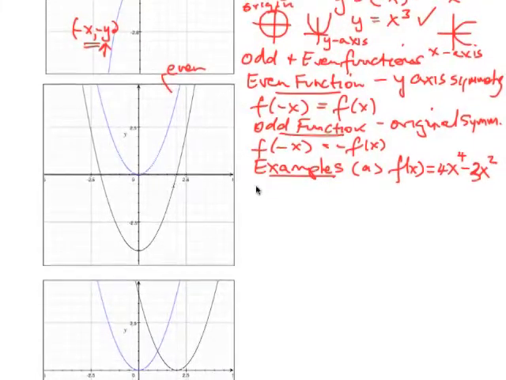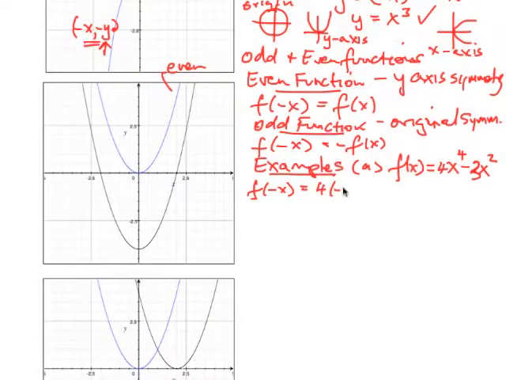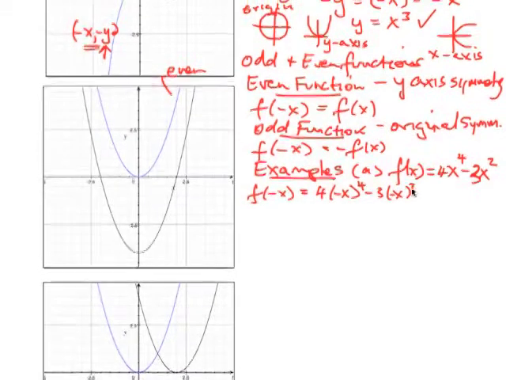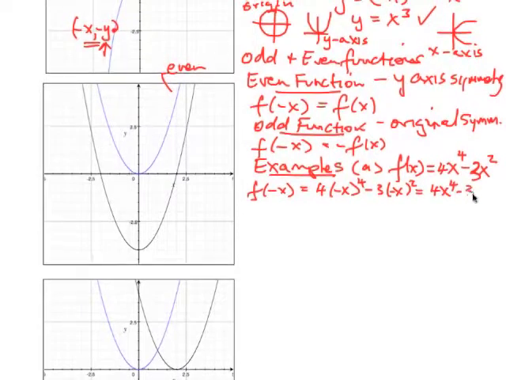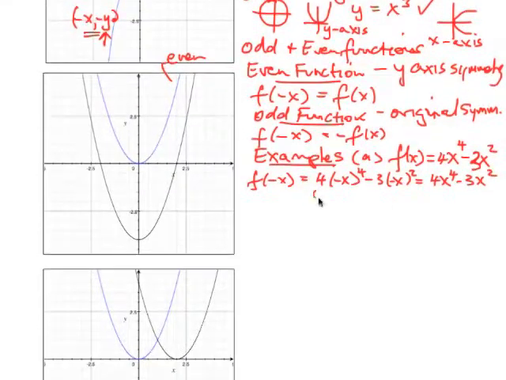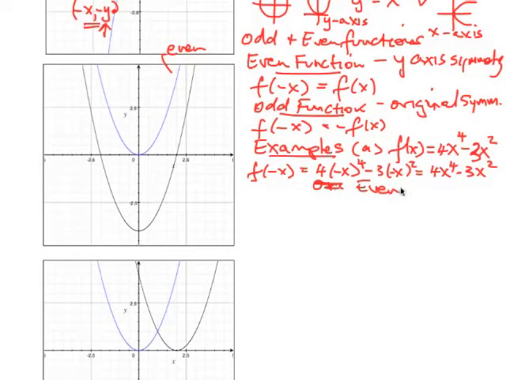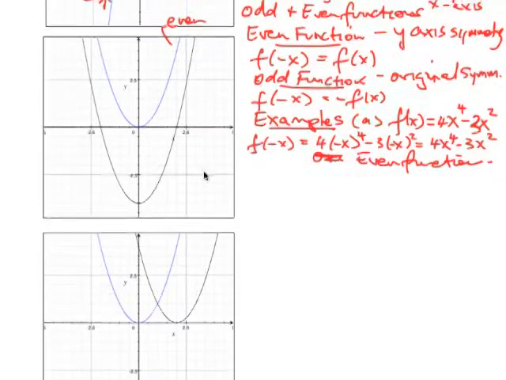Now you'll notice here that if I replace everything with negative x, I end up with exactly the same result. And so it's an even function, and it does have y-axis symmetry. All right, so that's an even function.